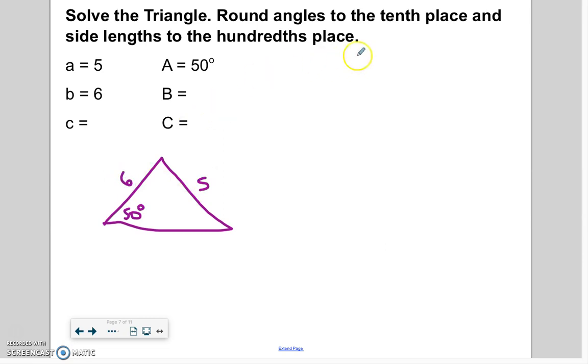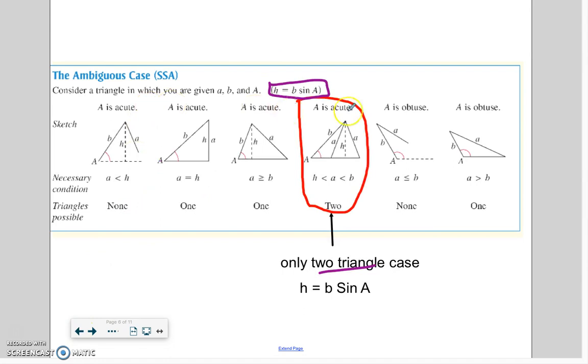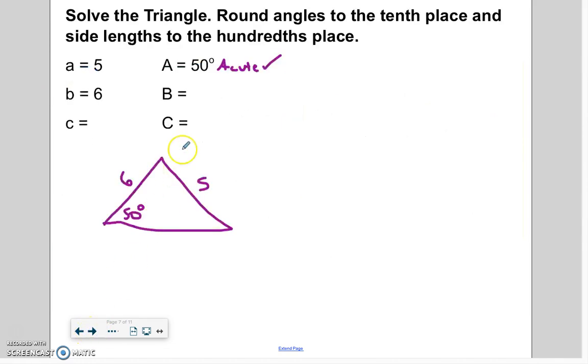So our criteria first, we need to make sure, is this given angle acute? This is an acute measure. So check. So right now, we've eliminated obtuse, and we're only focused on these four values. And then we want to check to make sure, is the side that's not given greater than or less than the side across from the angle?